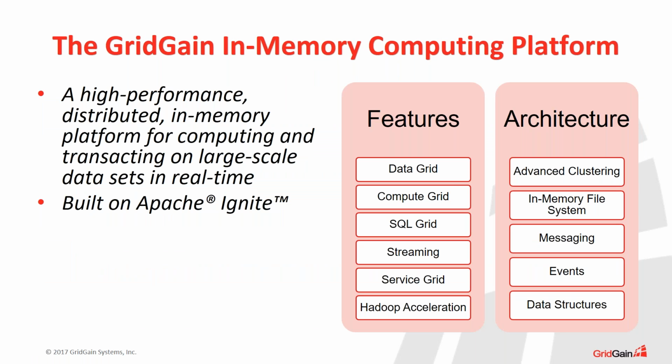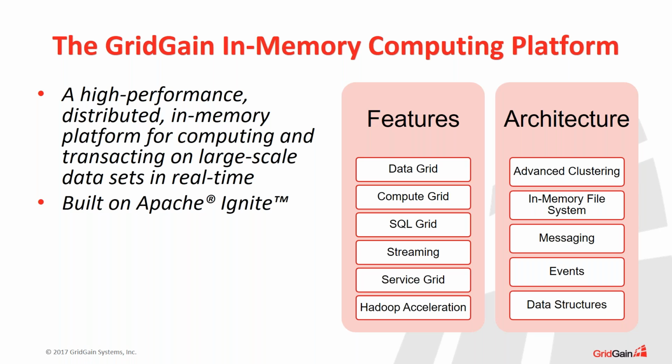So how do we deliver all these features? We have a data grid, the compute grid, SQL grid. I'm going to go into detail on all of these. This is just a little teaser to tell you what's coming. Service grid, and we also provide Hadoop acceleration for the big data world.